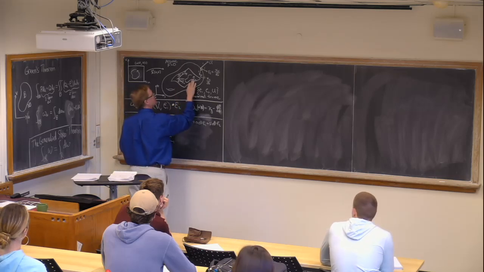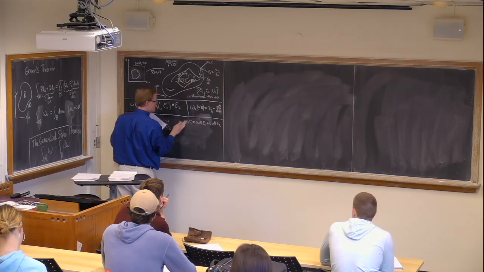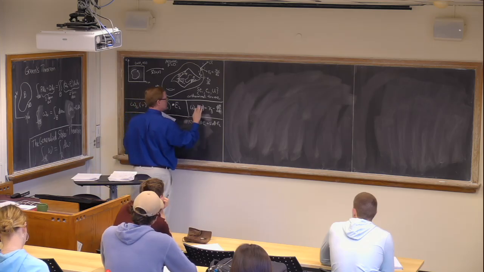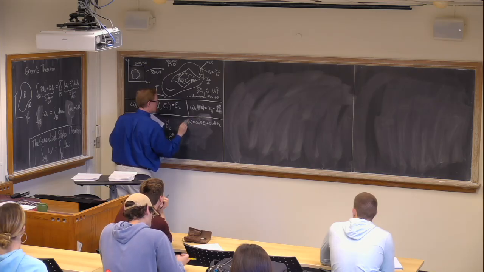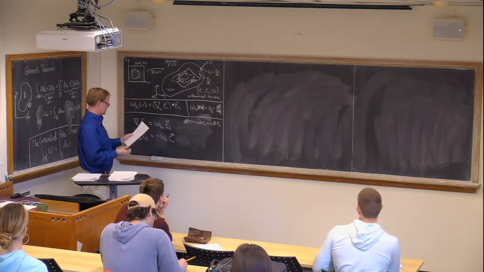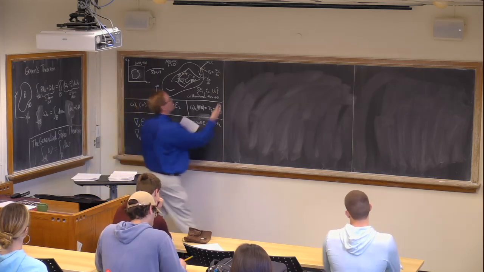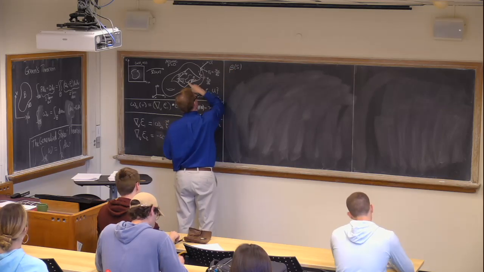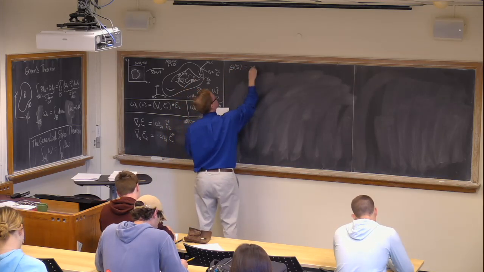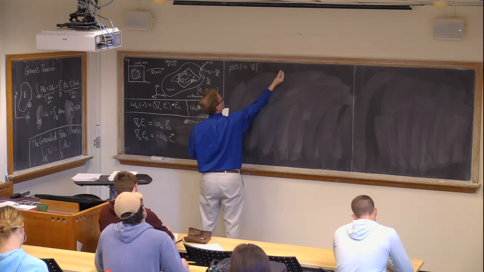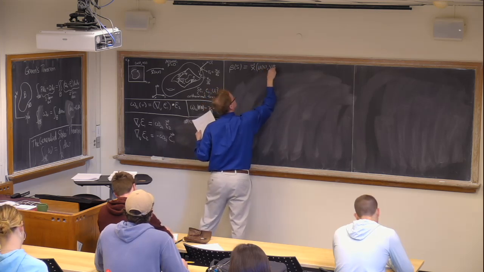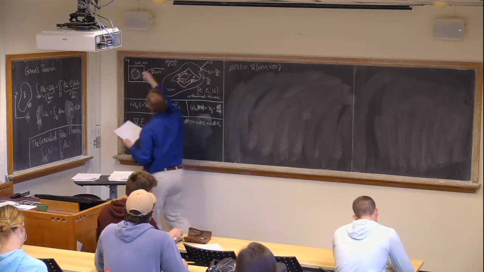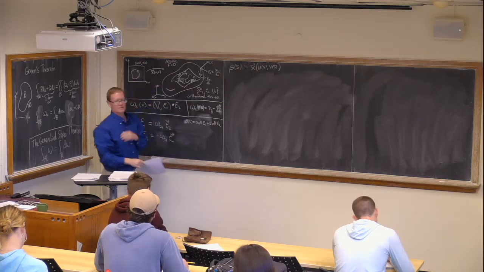So this is beta of s, and this is beta prime of s. The key point is that beta of s, the curve over here, is equal to x of u comma v, where the u and v are going along this curve, u of s comma v of s. So we have this curve in the UV plane, and when you compose it with x, it gives you the curve in your surface.